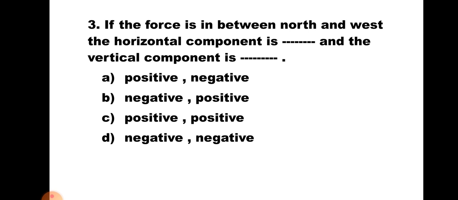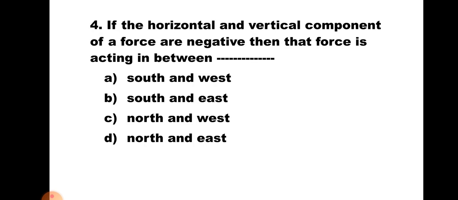Now here the force is acting between north and west. North is vertically upward, west is to the left, means the force is acting in second quadrant. In second quadrant, x component or horizontal component is negative and vertical component is positive. Hence the correct answer is B. Negative, positive.